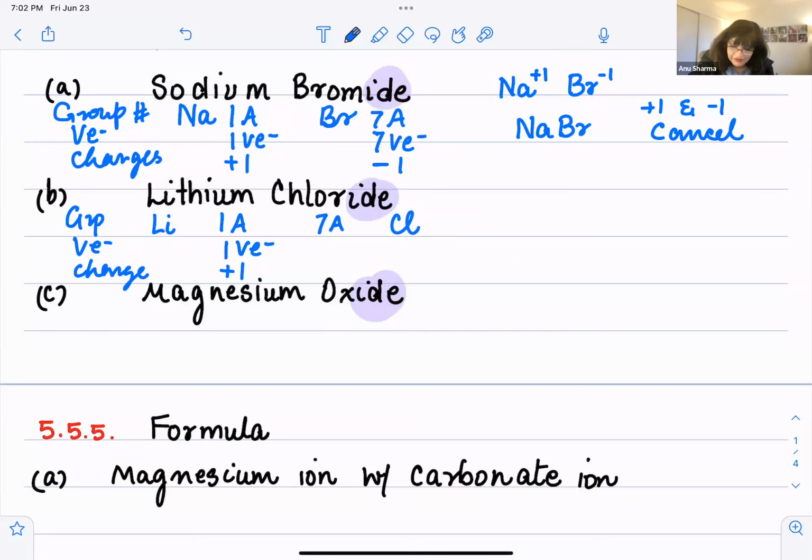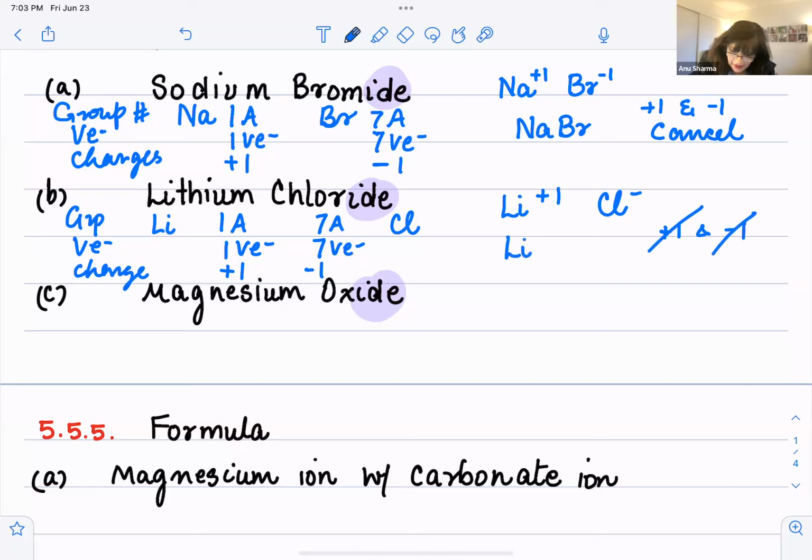All the elements in group 7A have 7 valence electrons, and the charge is -1. So here you have lithium with +1 charge and chlorine, coming from chloride, -1 charge. Once again, plus and minus cancel out. So what do you get? LiCl.